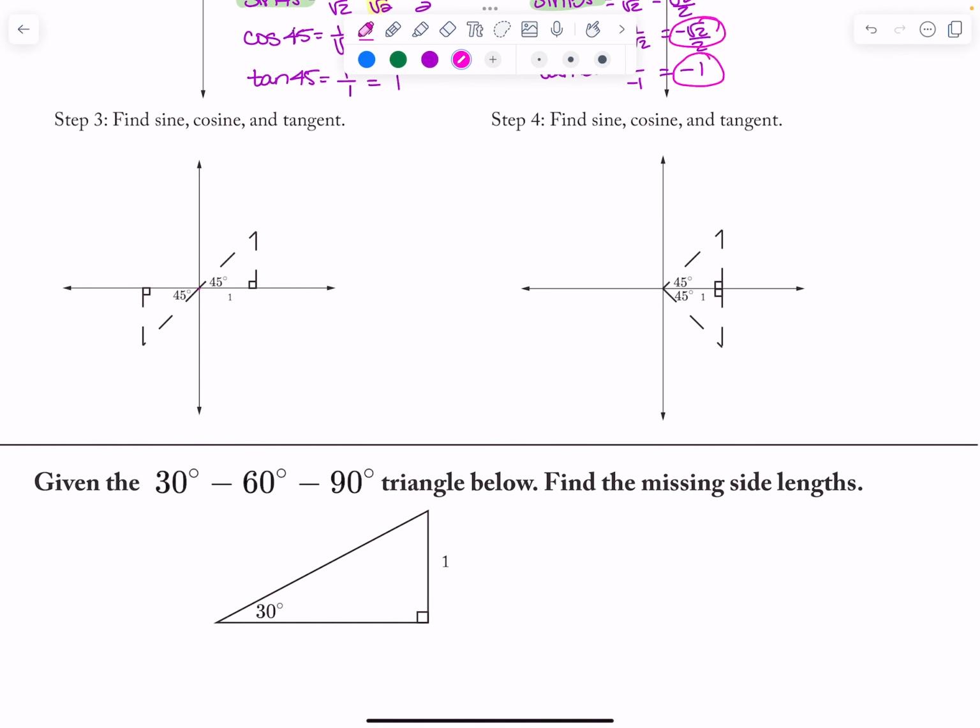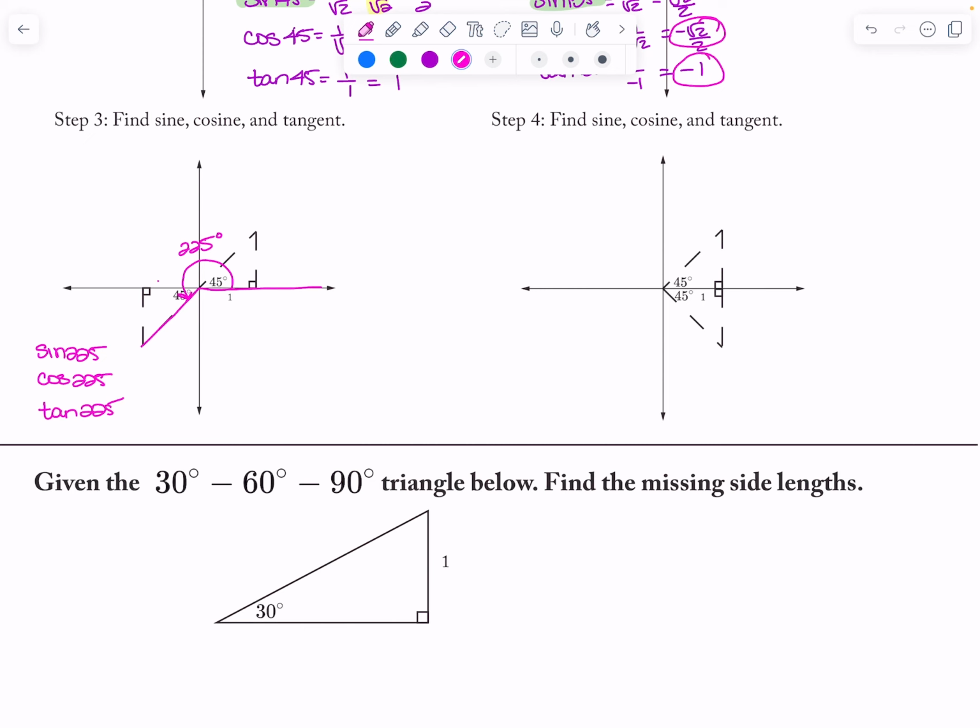And what you notice is that I'm going from, again, my initial side to my terminal side, which, for a positive angle, goes counterclockwise. And so that's actually 180 plus 45, which is going to give me 225 degrees. So now I'm going to be finding the sine of 225, the cosine of 225, and the tangent of 225.